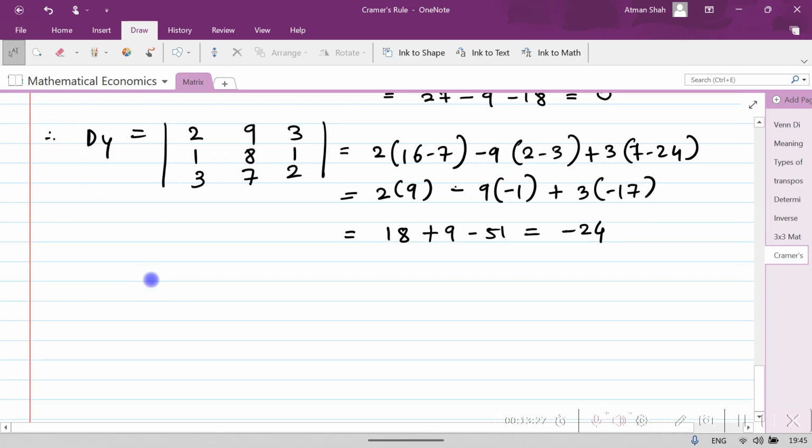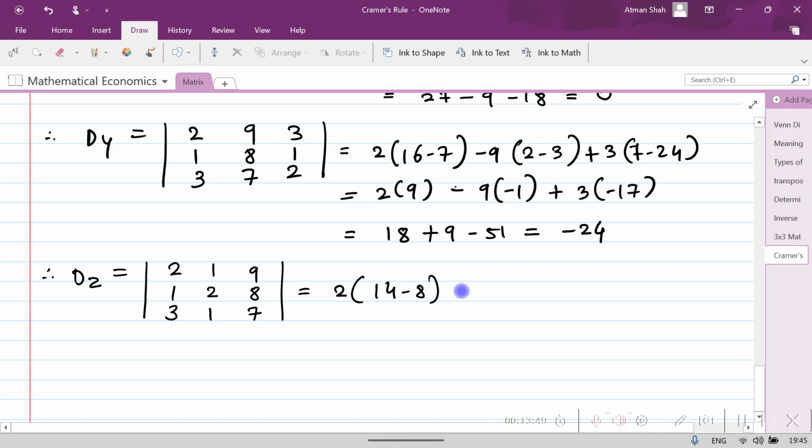Now let's calculate dz. So here we replace the third column. So 2, 1, 3, 1, 2, 1, 9, 8, 7. So it is 2 into 14 minus 8, minus 1 into 7 minus 24, plus 9 into 1 minus 6.